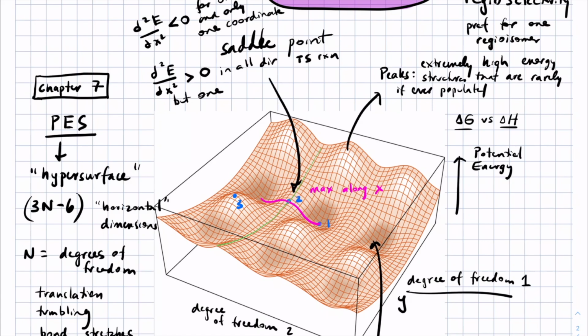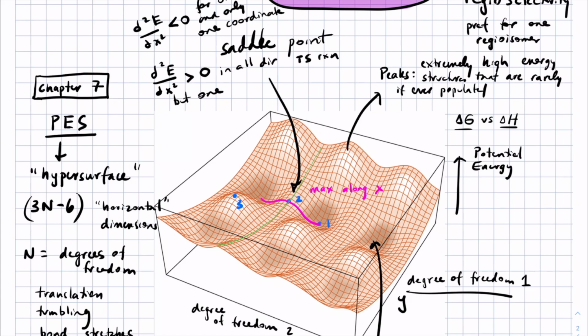And the trick is you tell the computer, look for a structure that has positive second derivatives with respect to X, Y, and Z for everything but 1. And that will tell you that you're at a maximum, the minimalist maximum in your potential energy surface, right? Because we're not interested in the maximum at the top of the peak, because nobody ever goes there unless you're insane.